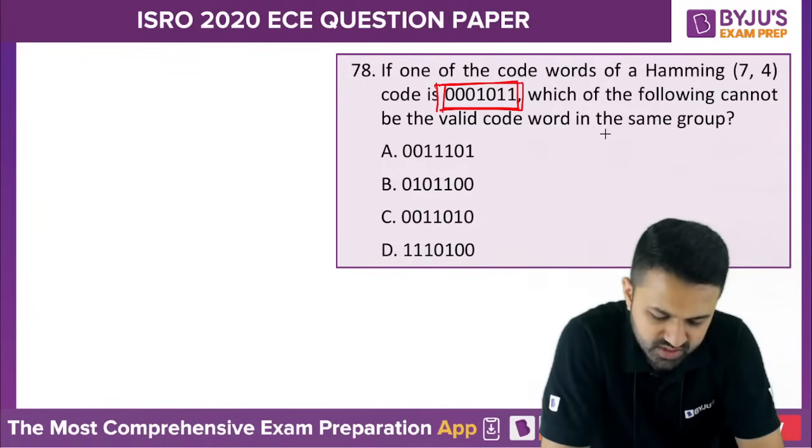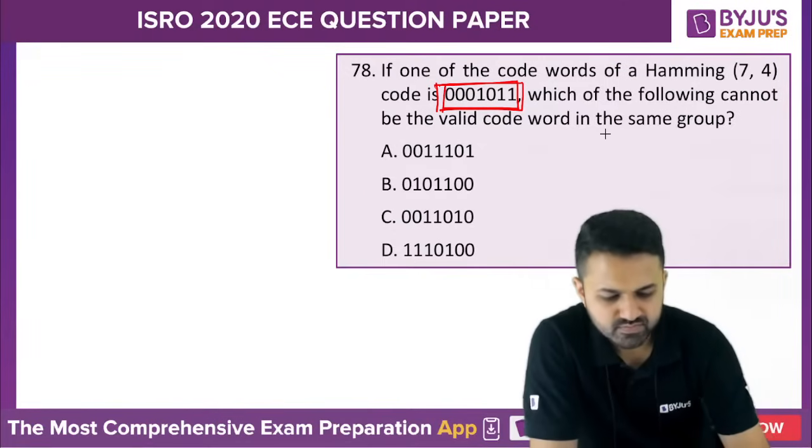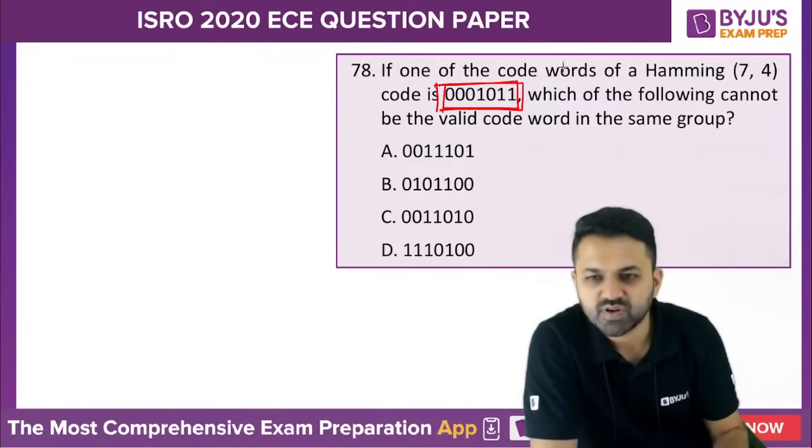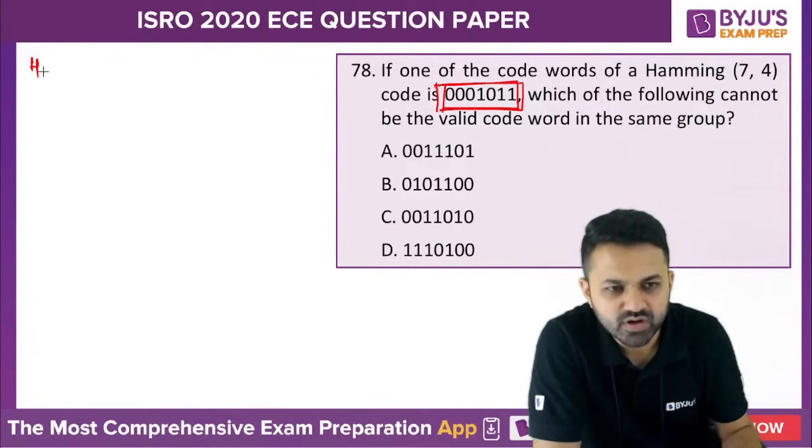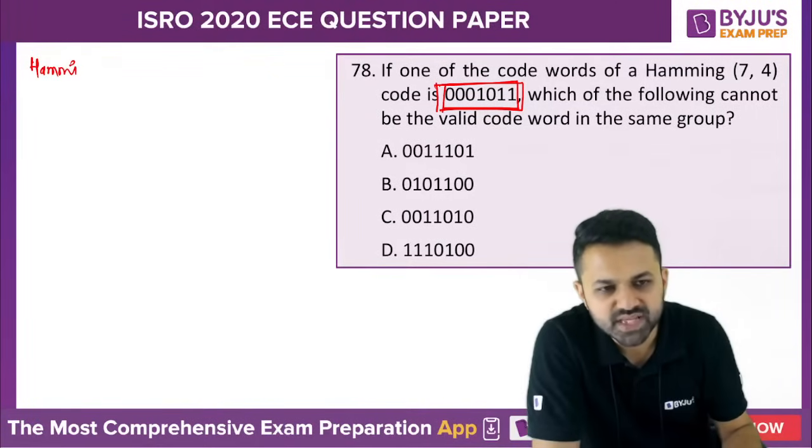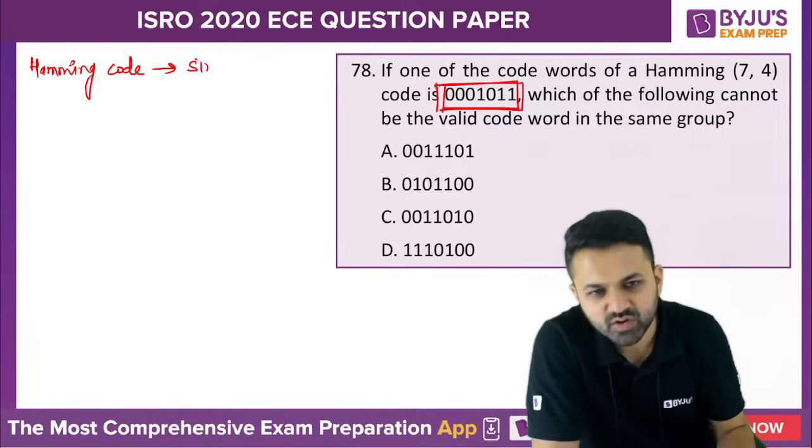Because it is written that this is the Hamming code, and Hamming code is only a single bit correcting code.